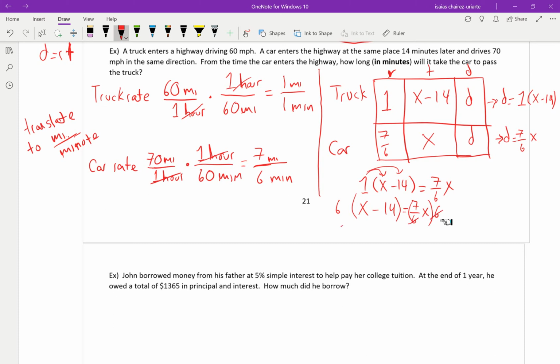So then this becomes 6x minus, and then 6 times 14. 6 times 14 is 84, so minus 84 equals x. Sorry, not x, 7x.